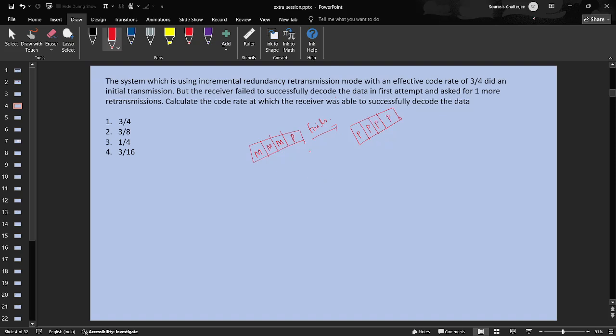So if I combine both, we have 3 message bits and 1 plus 4, 5 parity bits. So what is the effective code rate? 3 message bits, 5 parity bits.